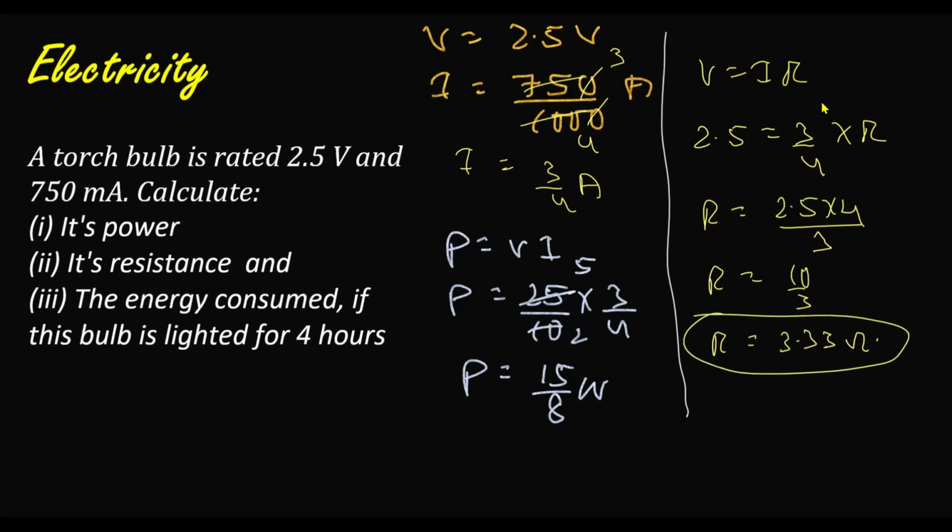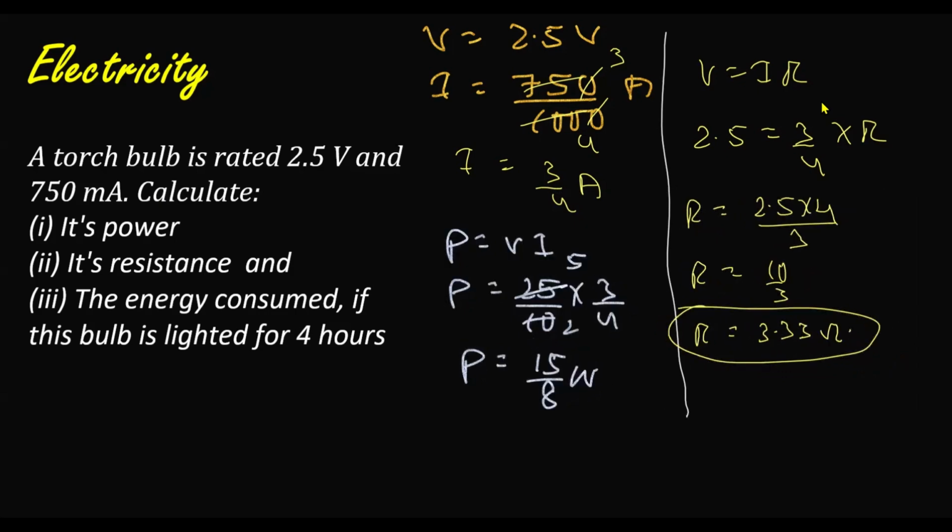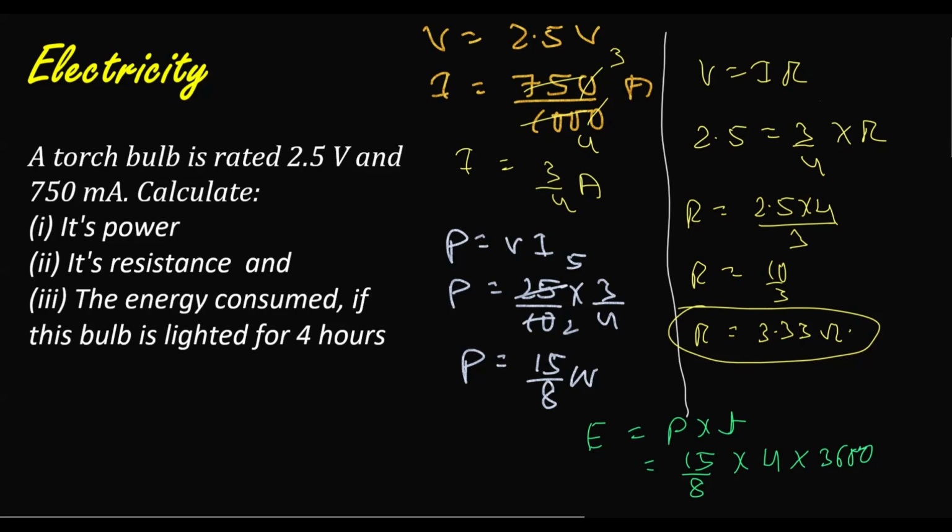Now next is what we have to calculate, the energy consumed in 4 hours. So energy is power into time, right? So we are going to apply this relation that energy is power into time. Power is 15 over 8, and time is 4 hours. Let's keep it in hour first, or we may write 4 into 3600 seconds in order to get in SI unit. I'll reduce this by 2 times, 2 1 times, 2 1800 times.